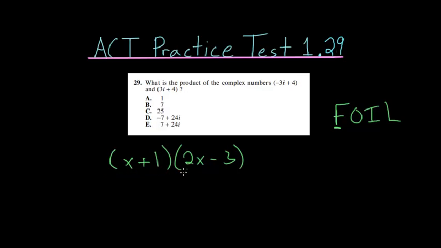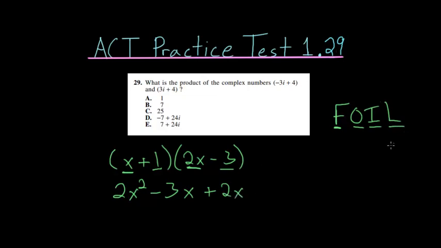So when multiplying these two binomials together, we start with the first term in each, so x and 2x, multiplying those together to get 2x squared. And then we do the outer, so x and minus 3 multiplied together give us minus 3x. And then I is for inner, so we have 1 and 2x. 1 times 2x is just positive 2x.